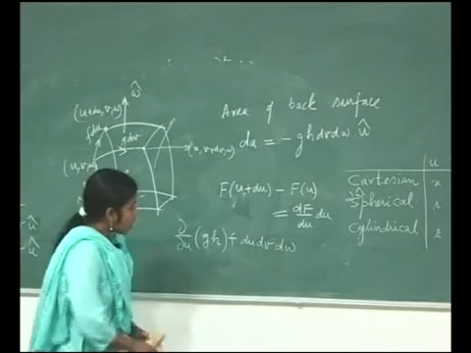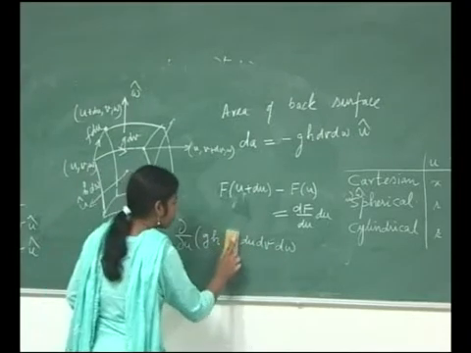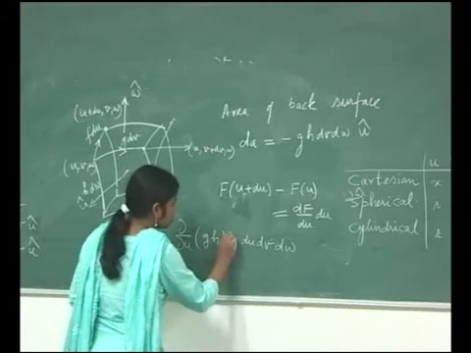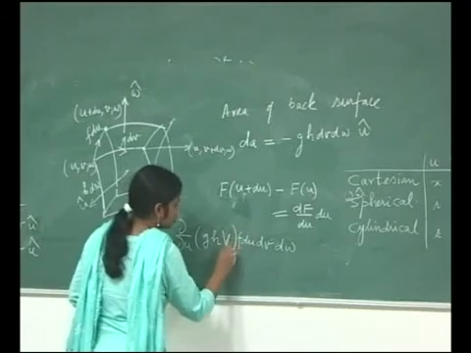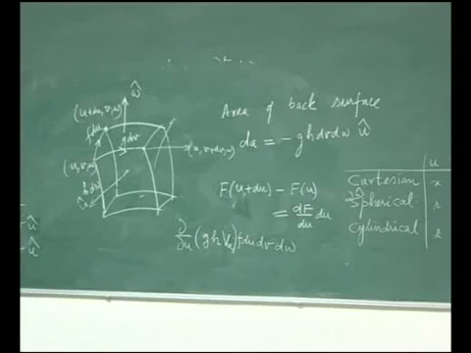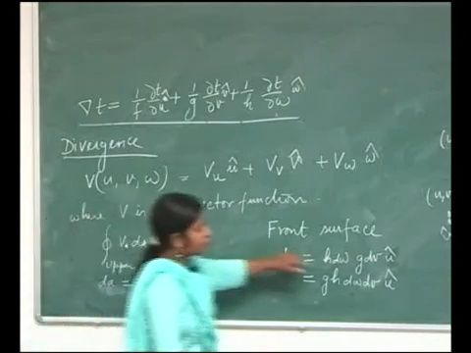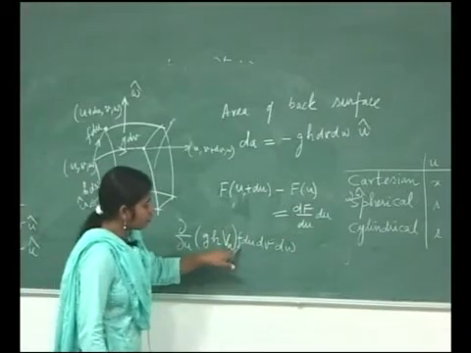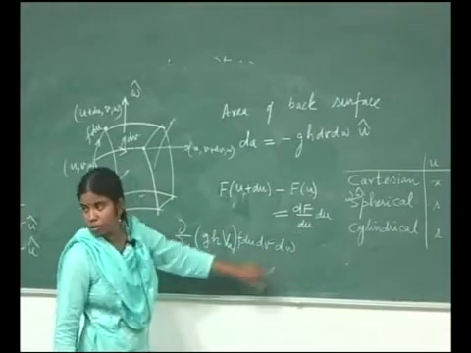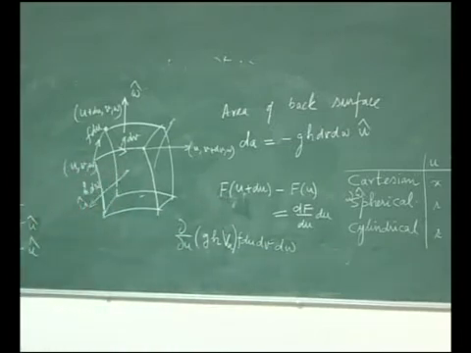And here I should have a function also. The vector function will change. Change will be in the vector function, right? So it will be d by du of gh vu f du dv dw. Now what is this du dv dw?